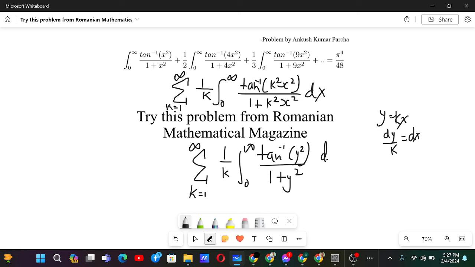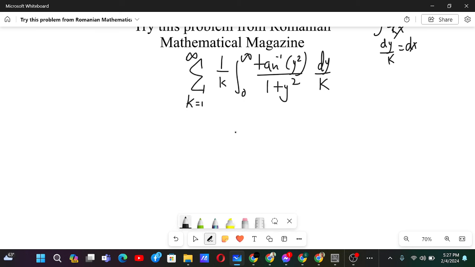So this will be dy by k. Now 1 by k can be taken out of the integral, and that's why we will have the sum from k equals 1 to infinity of 1 by k square.